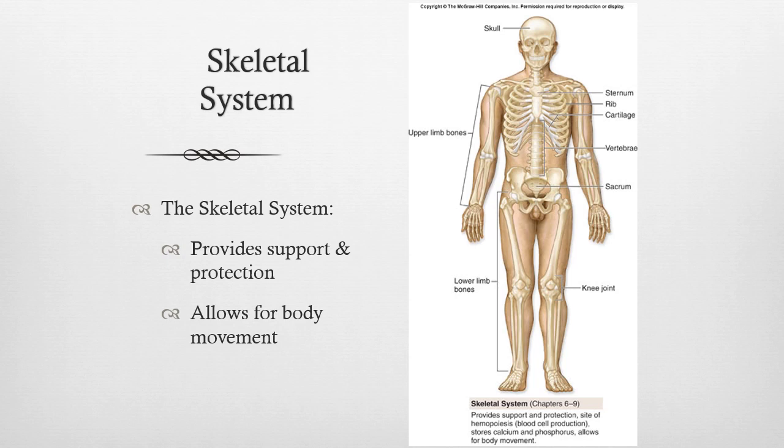We don't expend as much energy when we move utilizing bones, and so all of those joints provide a mechanical advantage to the muscles themselves. And so that allows us to work a little bit better within the muscle system to be able to allow them to move.